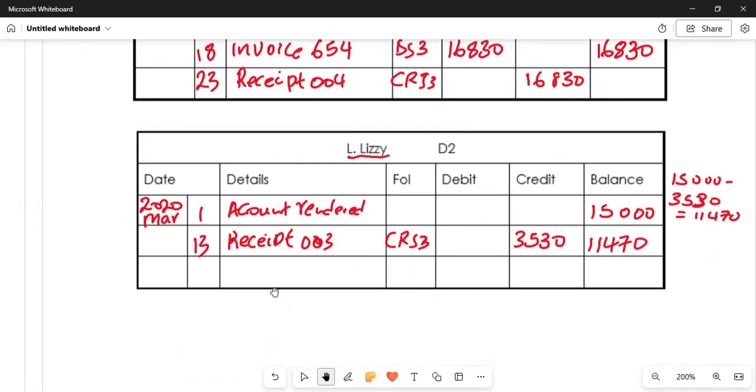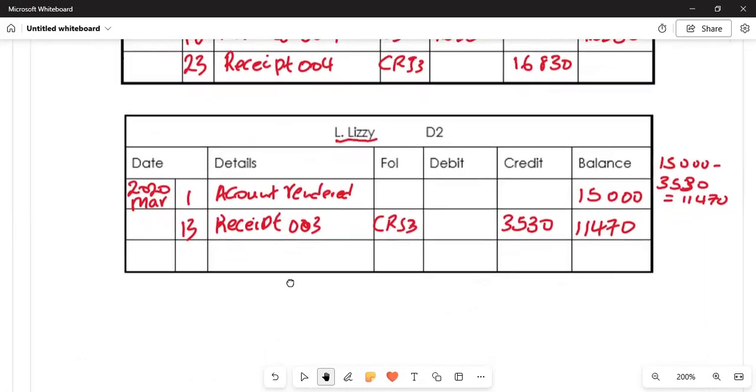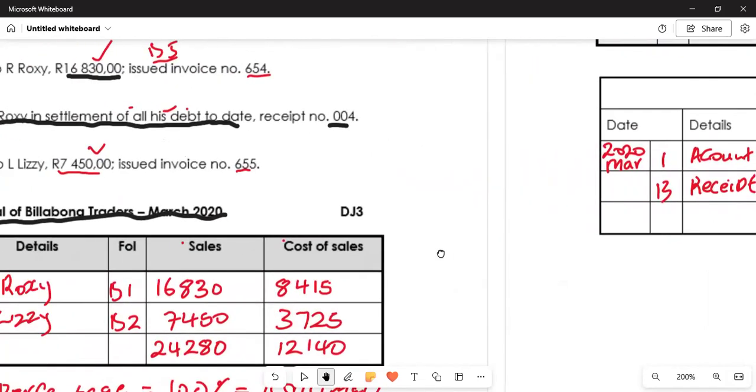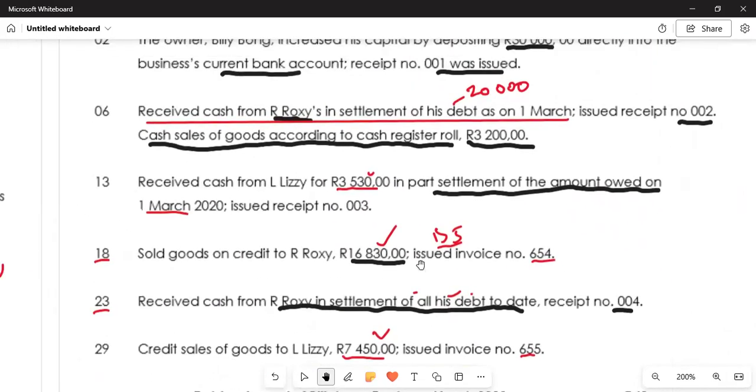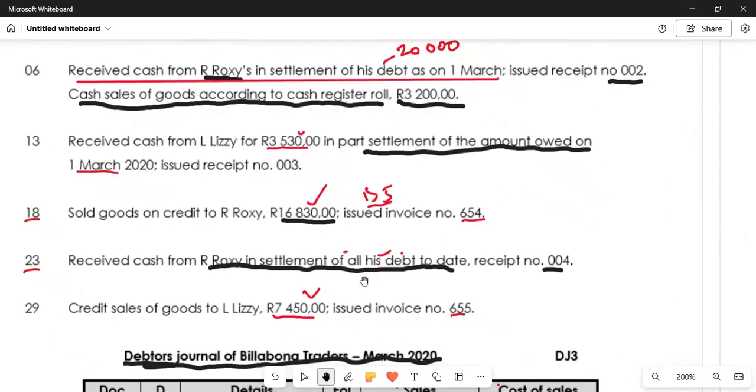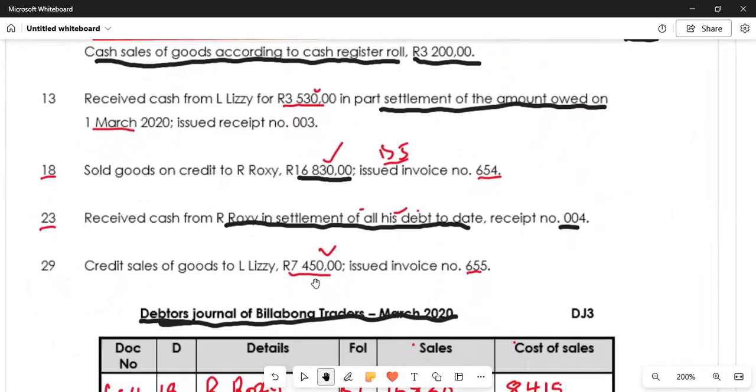So now we are moving on and trying to see what other transactions are going to affect Lizzie. So on the 29th, which is this one, we are told that credit sales of goods to Lizzie 7,450, issued invoice number.